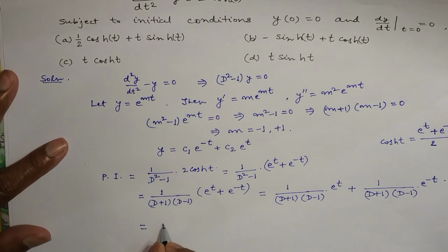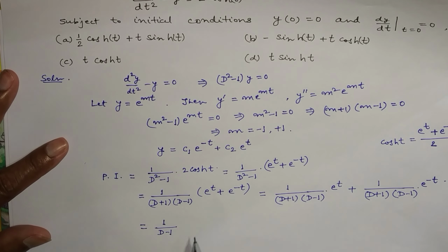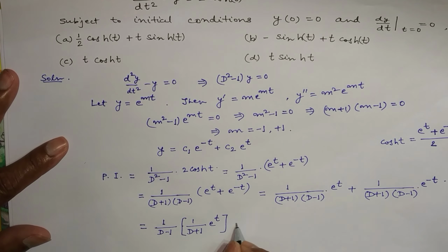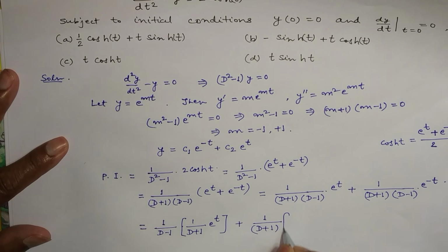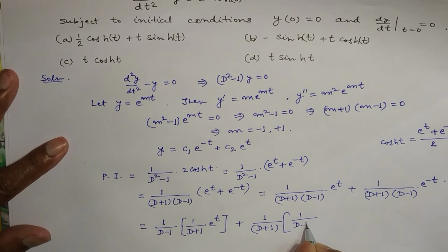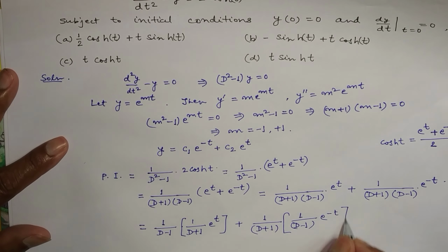Let's write it like this: 1 upon (D minus 1) and 1 upon (D plus 1) e to the power t plus 1 upon (D plus 1) 1 upon (D minus 1) e raised to minus t.